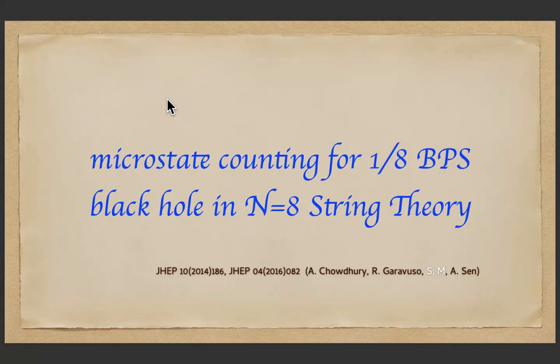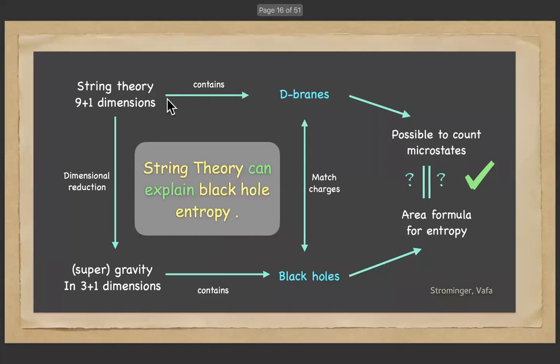So the point is that these descriptions are valid in somewhat different regimes. When we talk about black holes, we are of course assuming that GR is a good description, and the black hole is large enough. In this description, the charge of the black hole translates to the number of D-branes, and this description is valid for any number of D-branes, small and large, but gravity is ignored here.